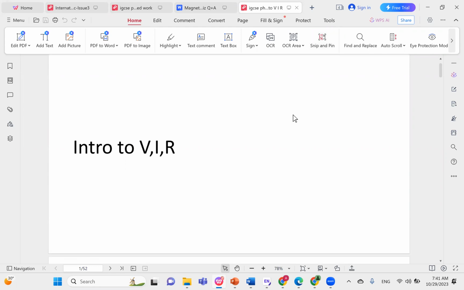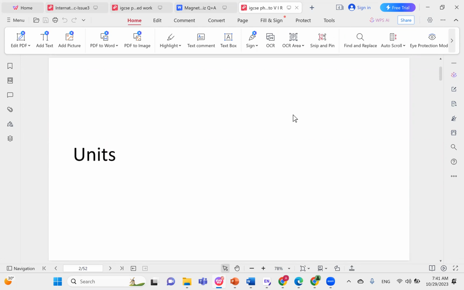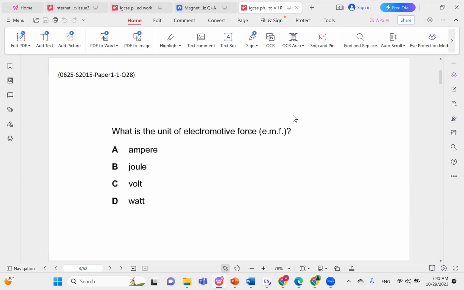So we shall begin with a basic review of the units. What is the unit of electromotive force? You should know that there are three quantities that have the same unit, and there is a very slight difference between them.